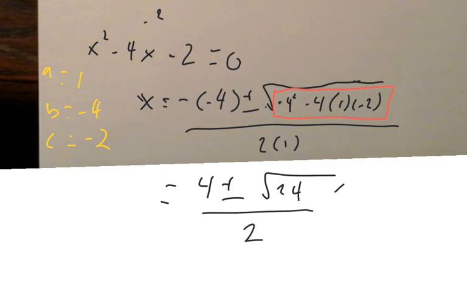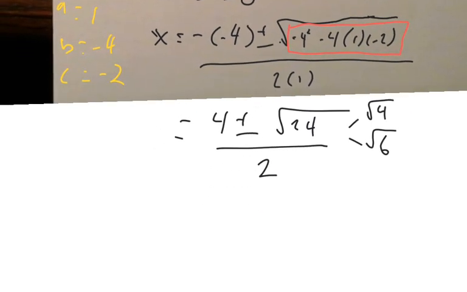And we can reduce radical 24 because that's radical 4 times radical 6. And then we get 4 plus or minus 2 radical 6 over 2. But we're not done yet.